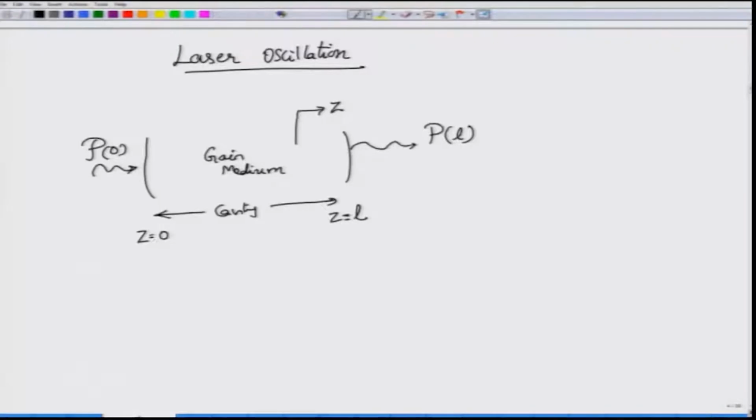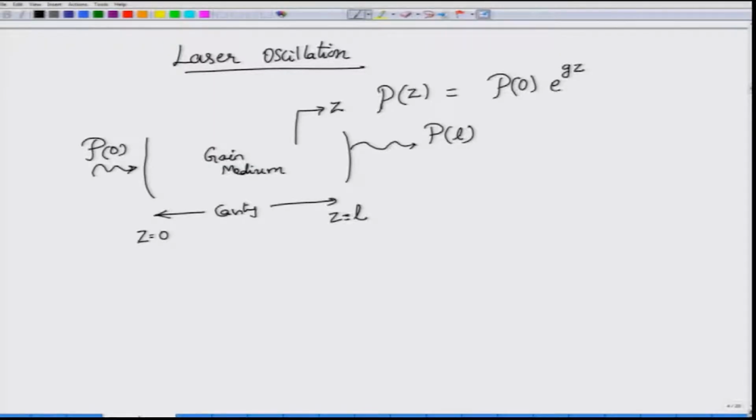If I start with some optical power at the input of the cavity, so at z equal to 0, you have the power P equal to P of 0, and then at any point along the length of the gain medium, the power there would be P of z, and this power would be equal to the power at the beginning times e to the power gz, where g stands for the gain of the medium.